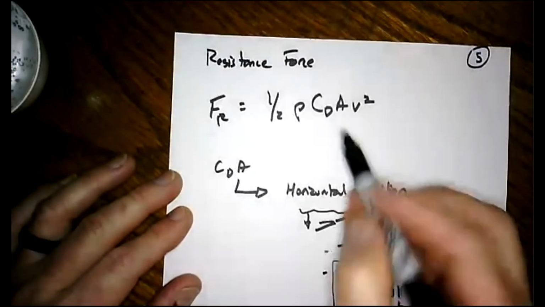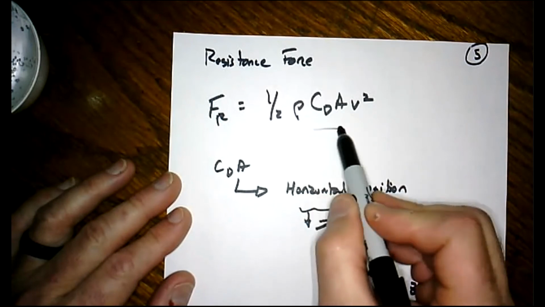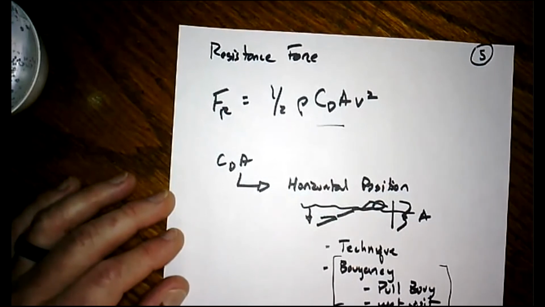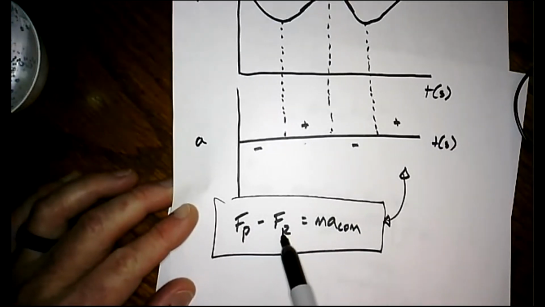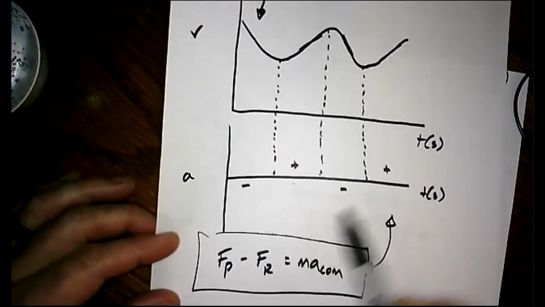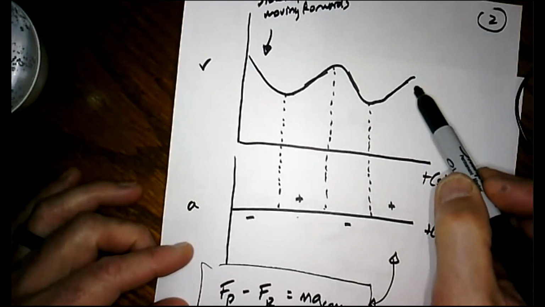Well, why do we want to reduce CD? Because it's part of this equation. There's CDA. If I can reduce the resistant forces, I have less force opposing the direction of movement, and therefore whatever propulsive force I can generate, I'm going to be generating more acceleration, and because we're moving forward only, we're going to be able to speed up more.